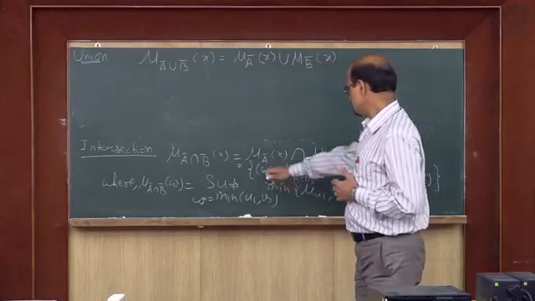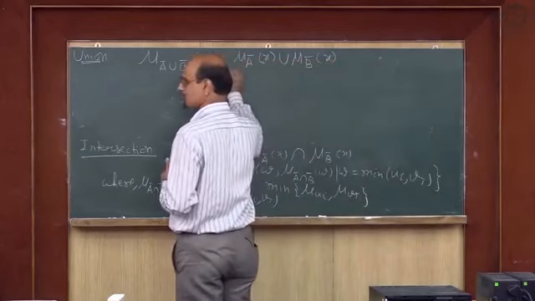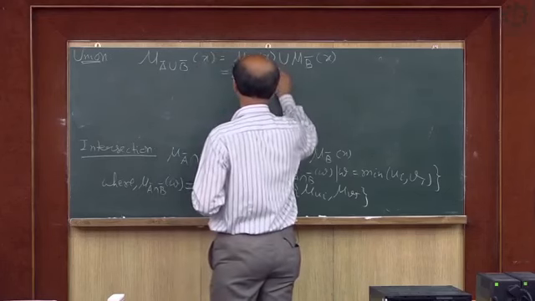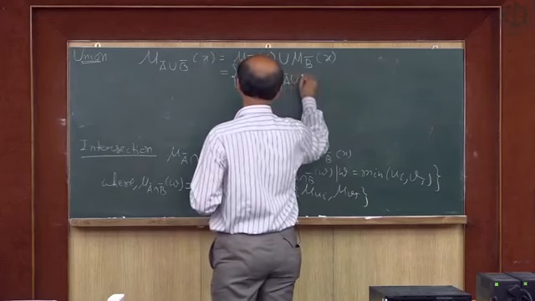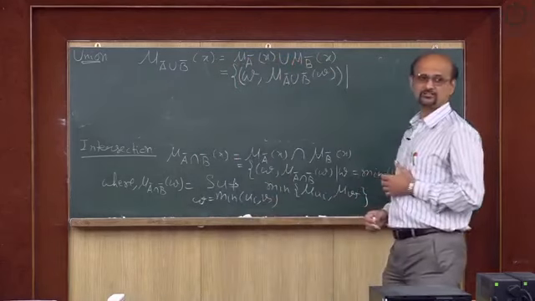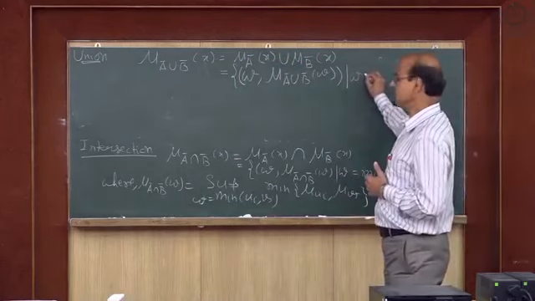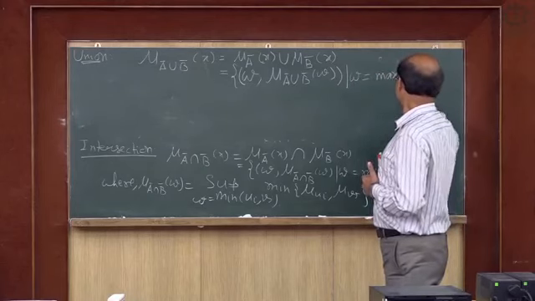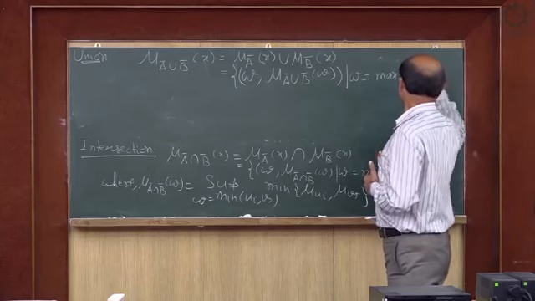Same we will write here is equal to w and mu A bar union B bar w, such that w now will be maximum of ui vj.